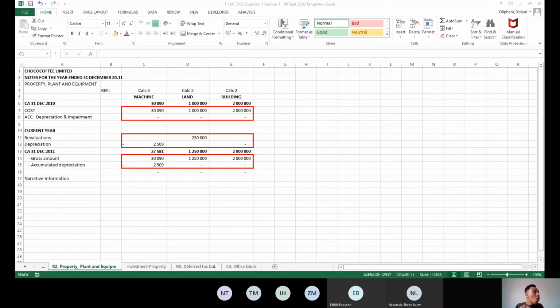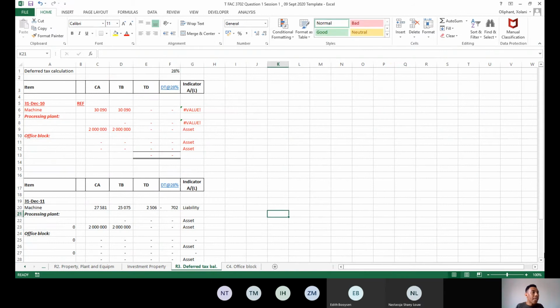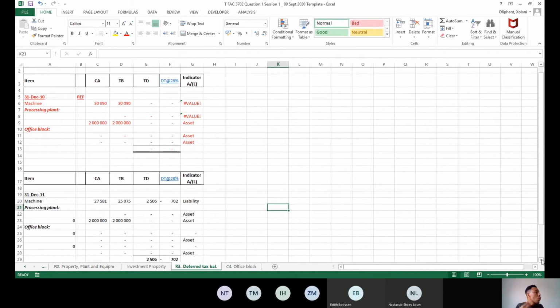My question is, do we need to consider any deferred tax implication as far as this machinery is concerned? Yes or no?